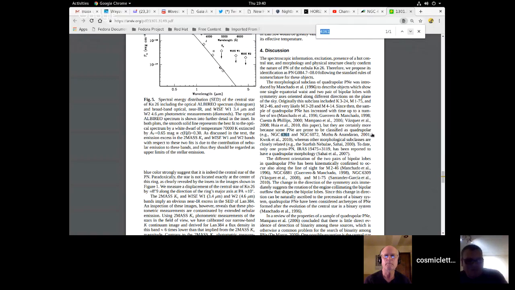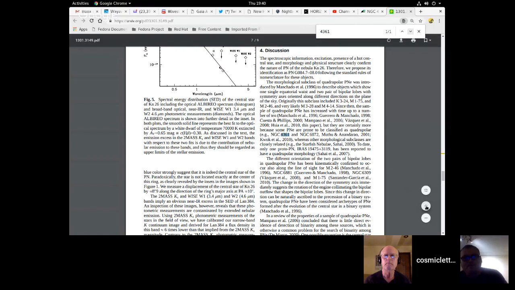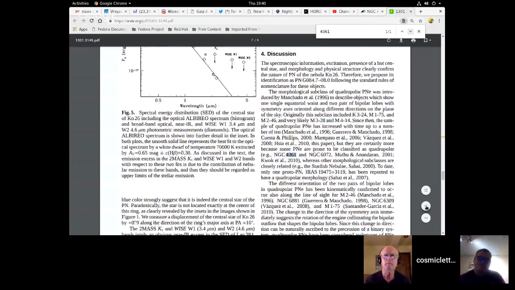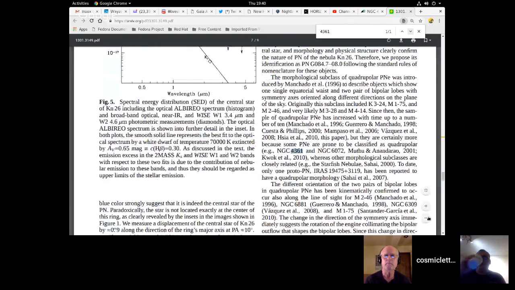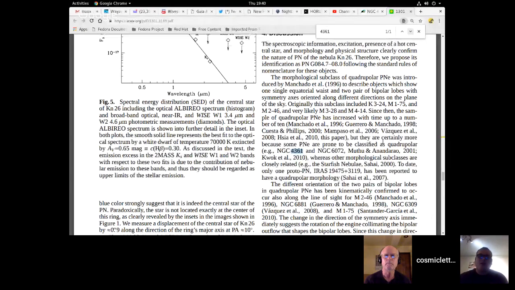Since then, the sample of quadrupolar planetary nebulae has increased with time up to 10. But there are certainly more, because planetary nebulae are prone to be classified as quadrupolar, like NGC 4361.